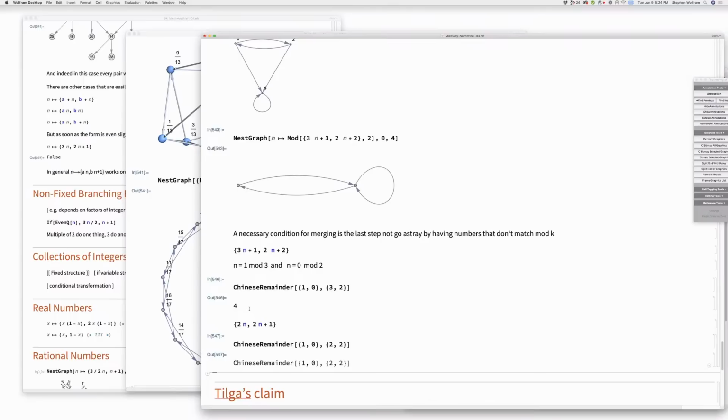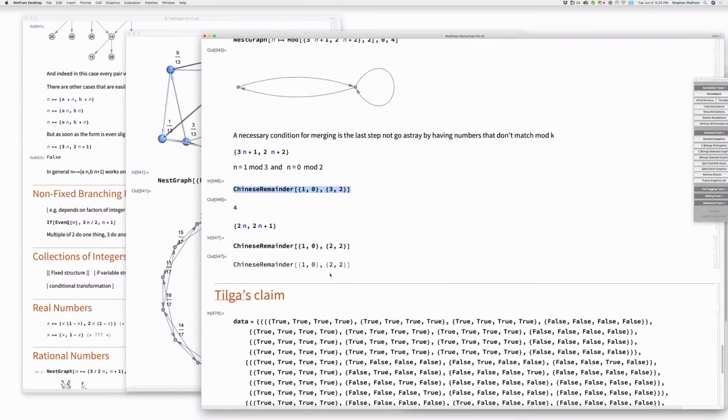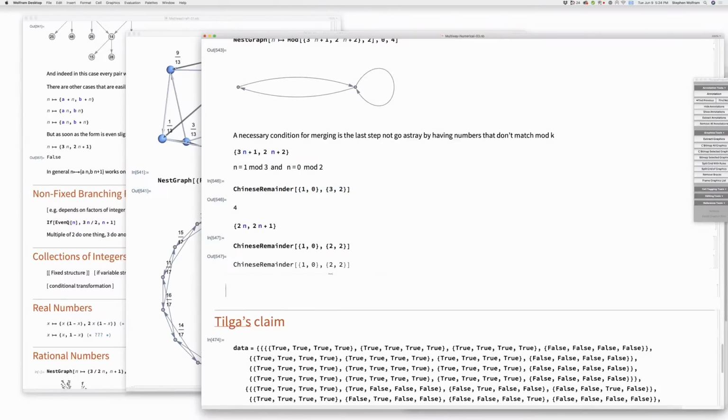But let's see whether we can work this out, because what you're saying is, in general, you would expect the smaller the value the Chinese remainder theorem gives you, the more likely it is to be causal invariant. Okay, let's say Chinese remainder estimation. We'll see whether this is true.